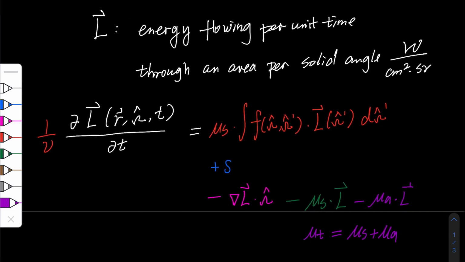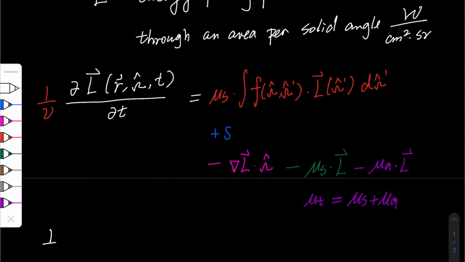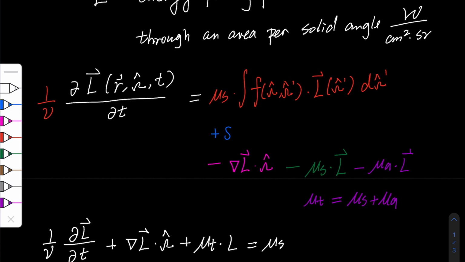So we have simplified it as 1 over v, derivative of L over t, plus gradient of L times omega hat, plus mu t times L equals mu s times the integral of L of omega hat prime times f of omega hat prime to omega hat, over d omega hat prime, plus S.